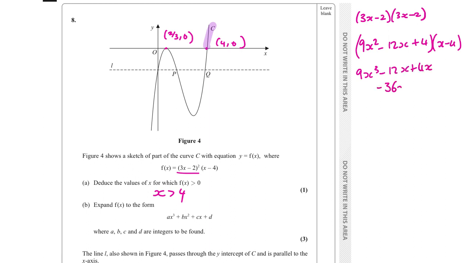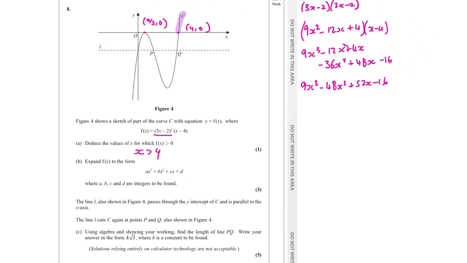So minus 36x squared plus 48x minus 16. And then now it's easier to simplify. So I'm going to get 9x cubed minus 48x squared plus 52x minus 16. Brilliant. Well, that's really easy.